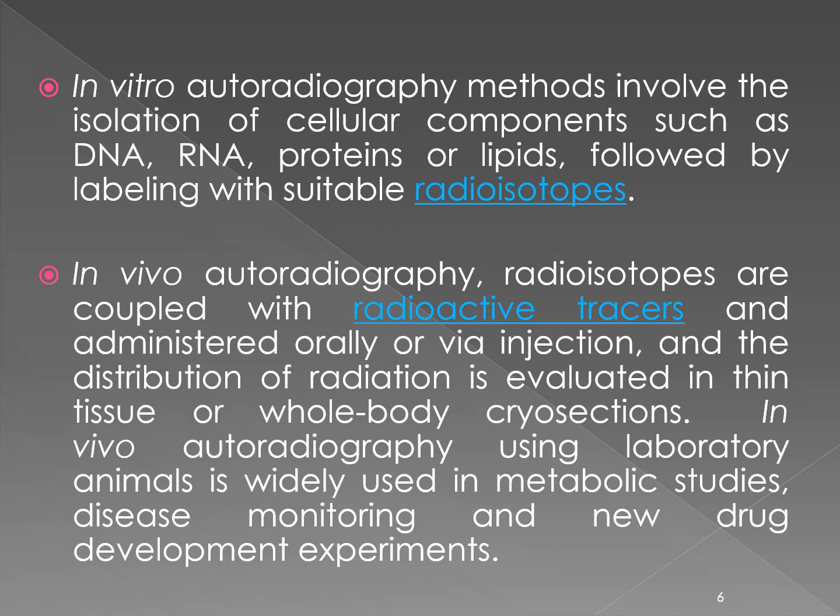While in in vivo autoradiography, radioisotopes are coupled with radioactive tracers, and those radioactive tracers are then administered orally or via injection, and the distribution of radiation is evaluated in thin tissue or whole body cryosections. In vivo autoradiography using laboratory animals is widely used in metabolic studies, disease monitoring, and new drug development experiments.